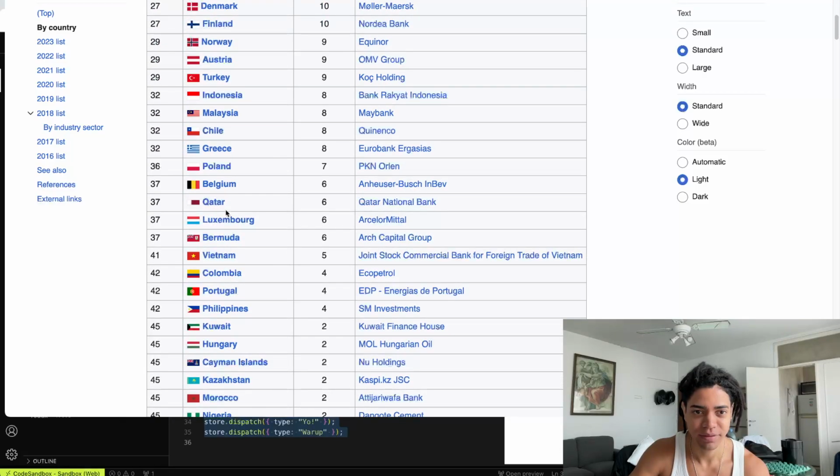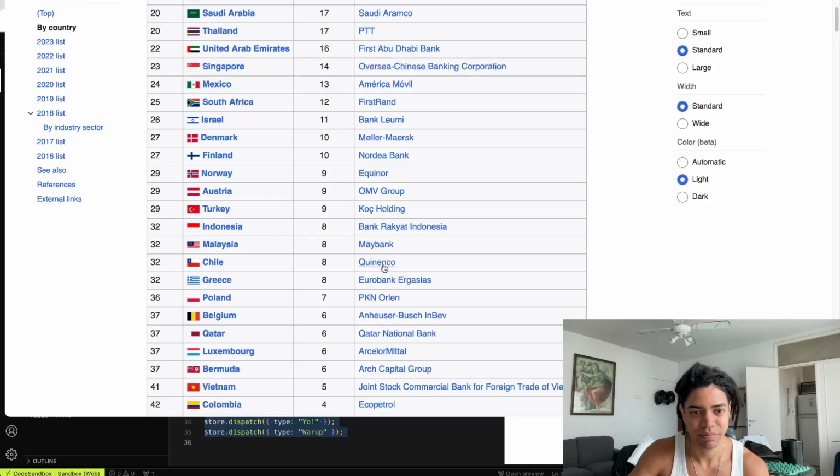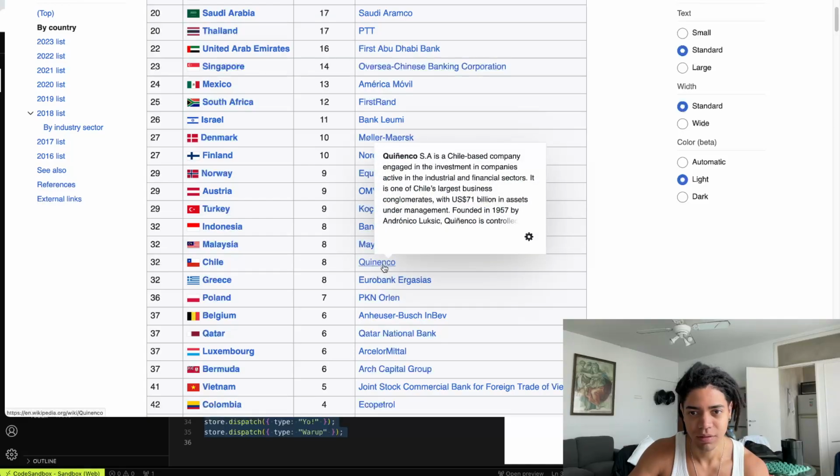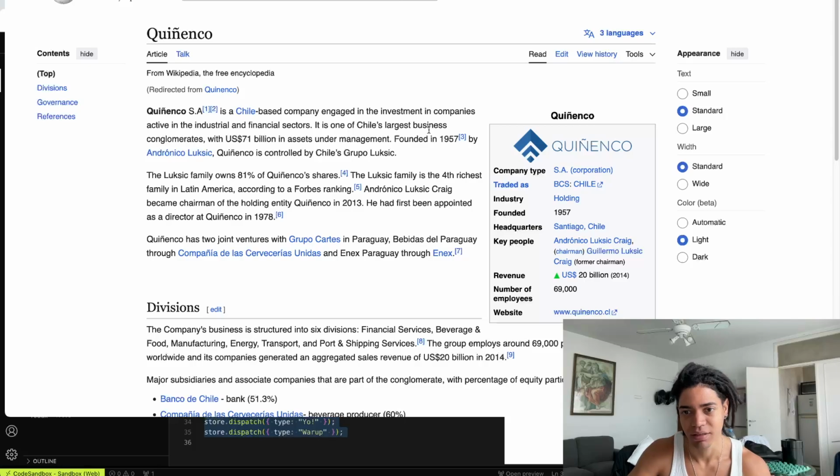Well, in Chile, a Chile-based company engaged in investment in companies in the industrial and financial sectors. Again, in the financial sector, banking, holding company.